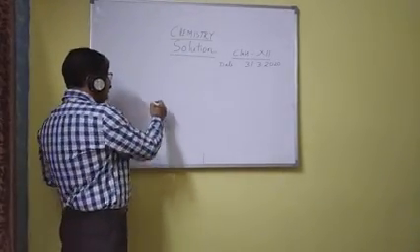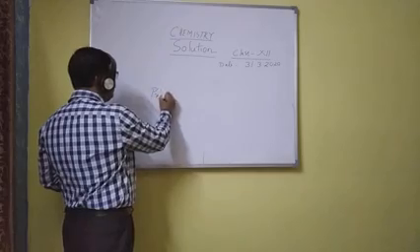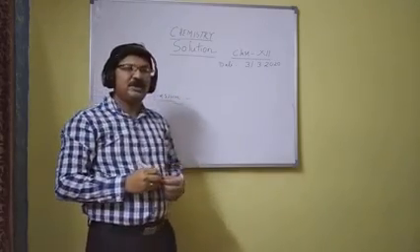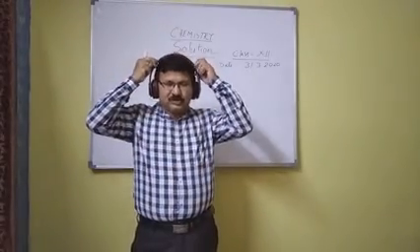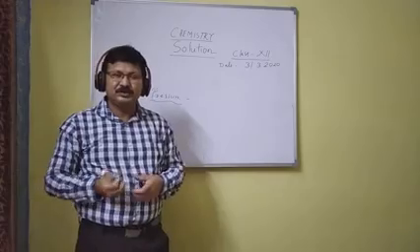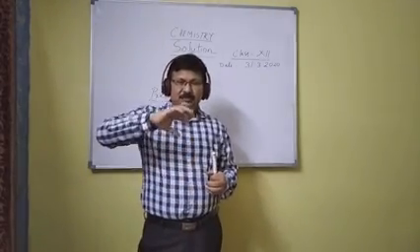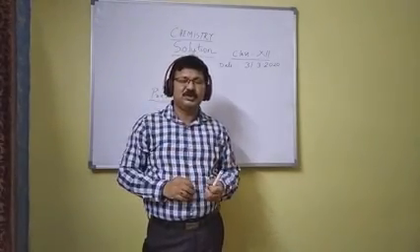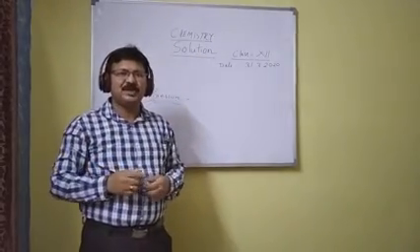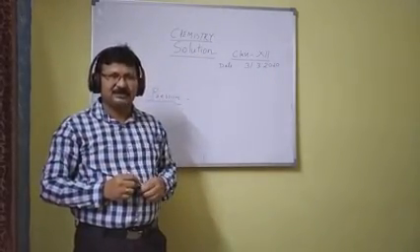Similarly, pressure also plays an important role. If you increase the pressure, the solubility of the gas in a liquid solvent increases. There is some relation between the pressure and the solubility of the gas. The maximum solubility we can get is at a particular pressure.